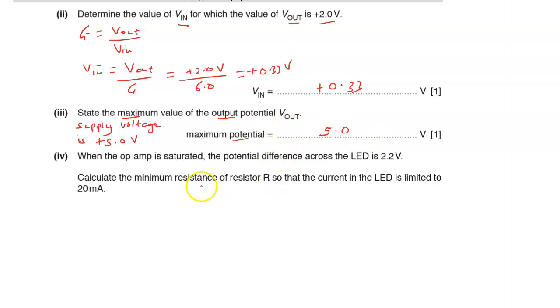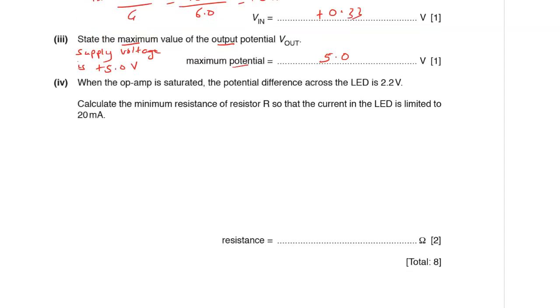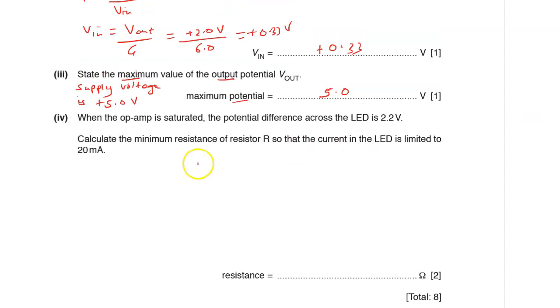Part 4: when the op-amp is saturated, the potential difference across the LED is 2.2 volts. When it is producing this voltage as the V out, that will be the voltage across the LED.